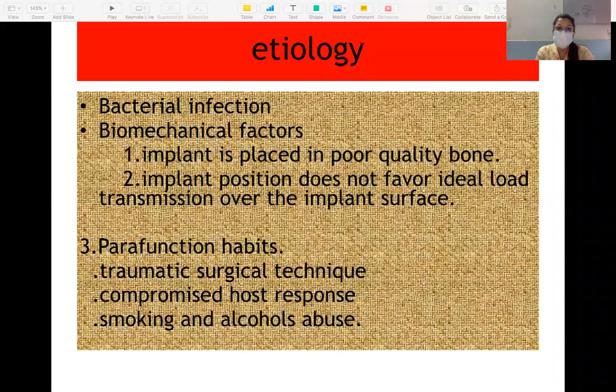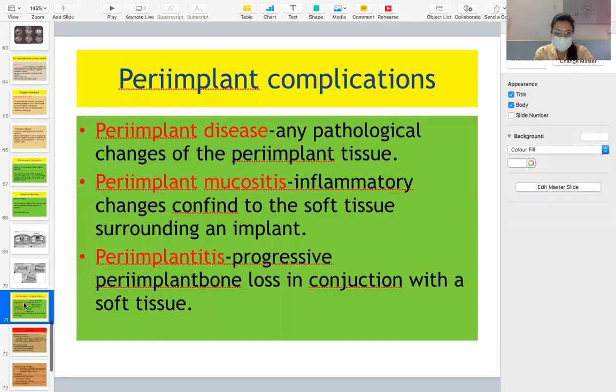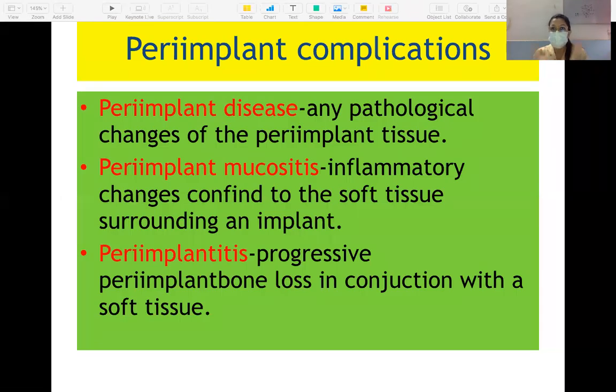Now let's talk of peri-implant complications. Around the implant, if there is any disease or if there is any factor which causes failure to the implant or makes the prognosis of the implant poor, it will be called a peri-implant disease.